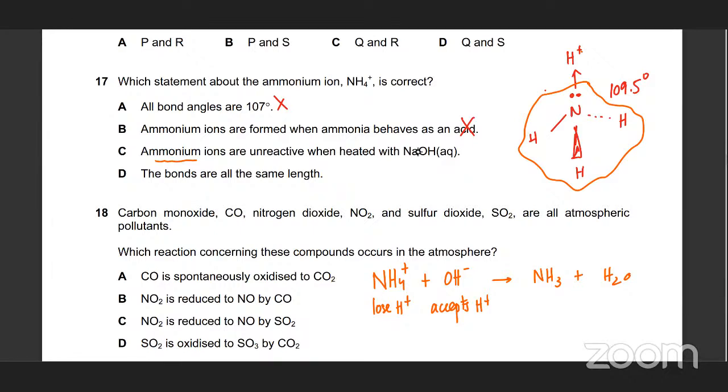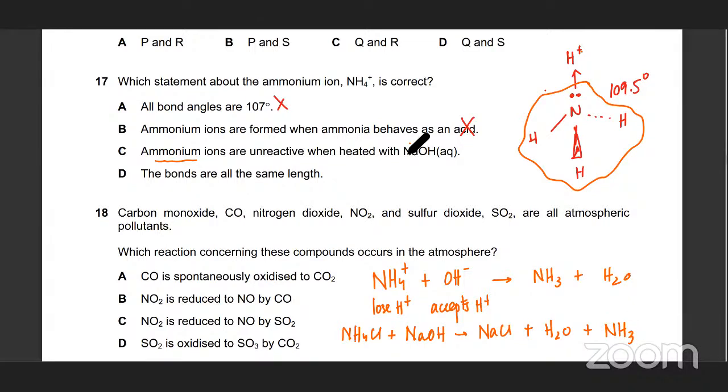Whenever an ammonium salt like NH4Cl reacts with a base like NaOH, what do you get? You get a salt like NaCl, plus an H2O molecule, plus NH3 gas is going to be given off.